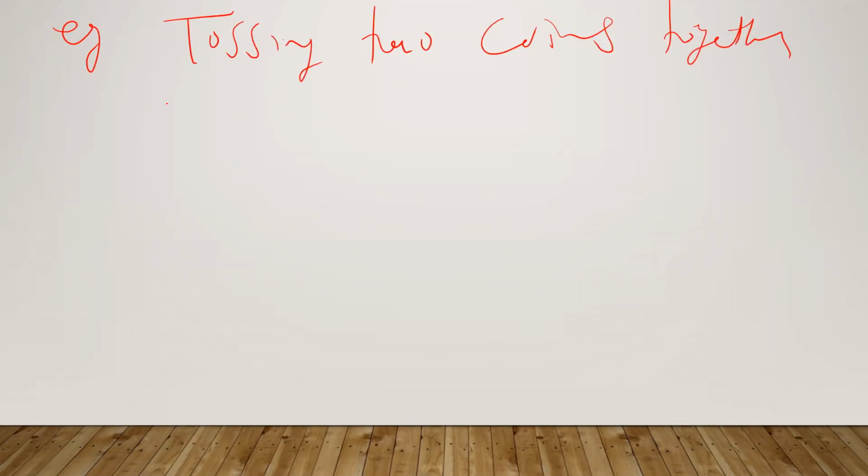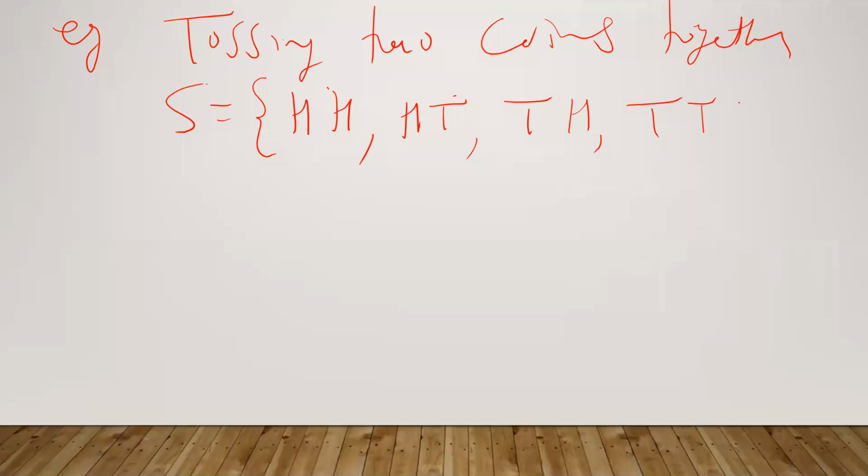You know what is the sample space of this experiment? Either both will go in head, head. First one in head, second one in tail. Tail head and TT, both in tail. This is the sample space.